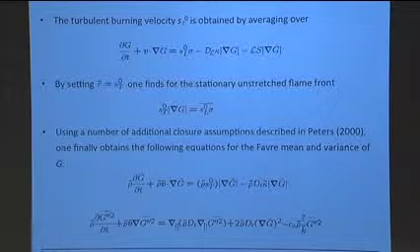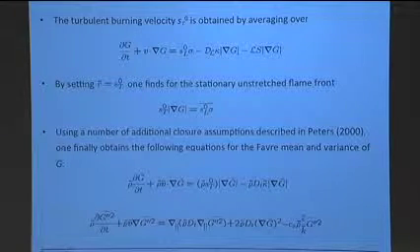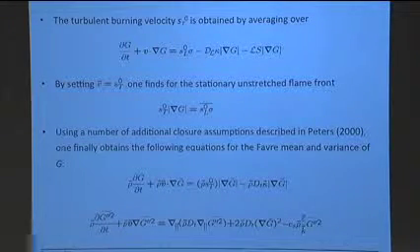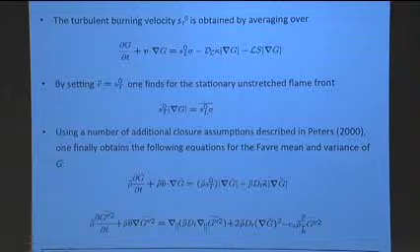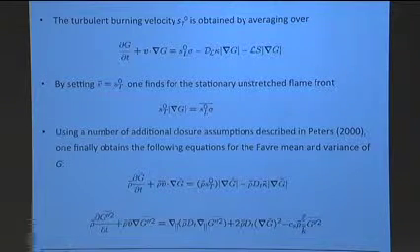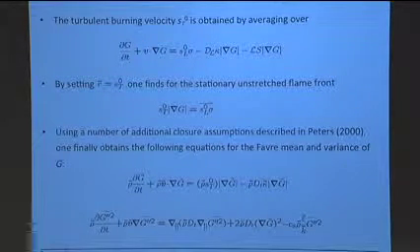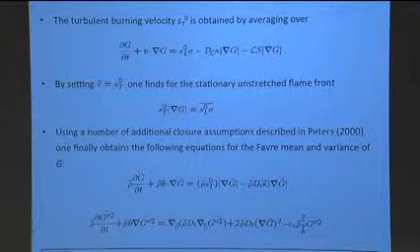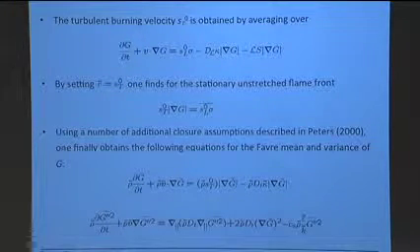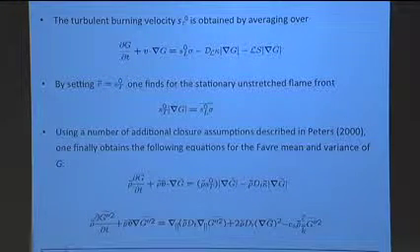A rocket wouldn't fly if it wasn't for the density change that you get due to combustion. And so the density change is similar to the temperature change. And that we saw earlier: if you know the mean position and you know the variance around it, then you can determine somehow the temperature.